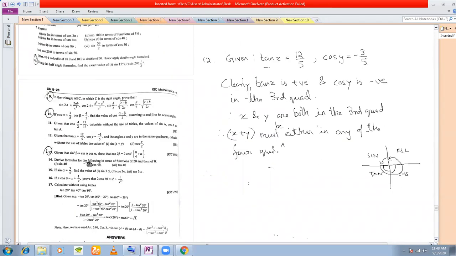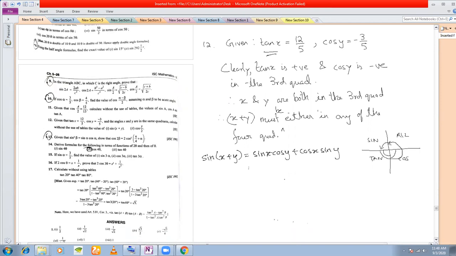From tan x, we want to find sin x and cos x, because we need to find sin(x + y). We know sin(x + y) is sin x cos y plus cos x sin y. This is what we know.